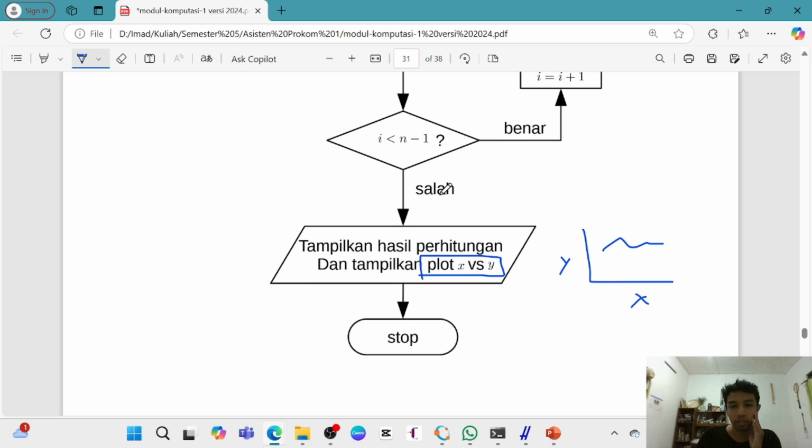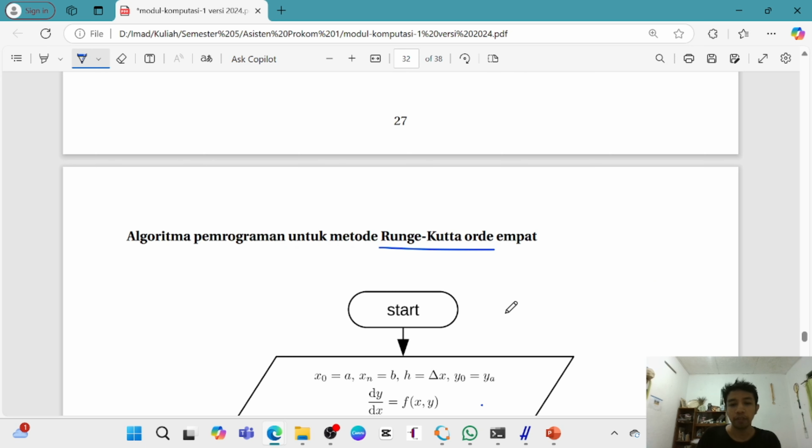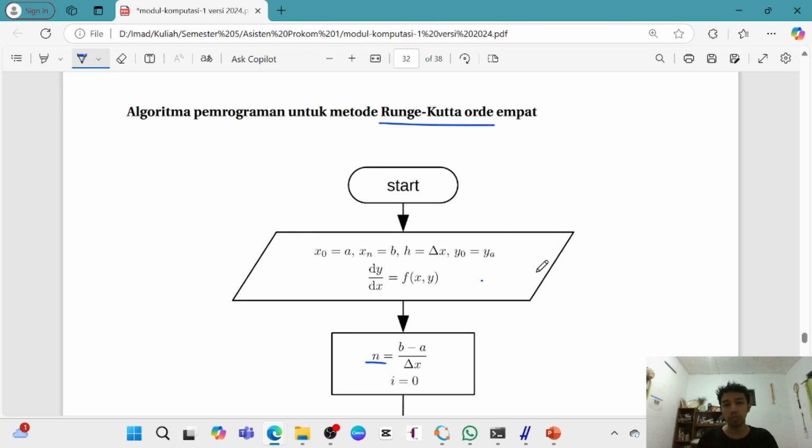Then when we end the loop, we plot the result in x and y like this. Then we stop.